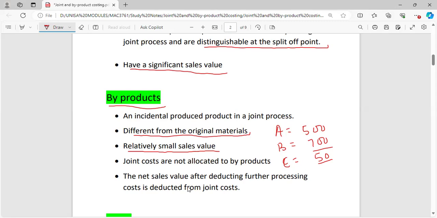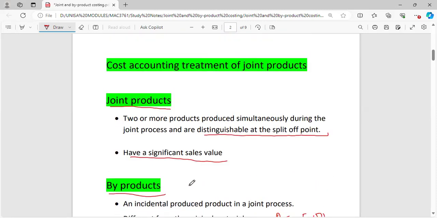And when we are treating byproducts, we don't allocate joint cost to byproducts as well, which means the joint cost in the process are only going to be allocated to the joint products. Joint products are those products the organization is intending to produce.